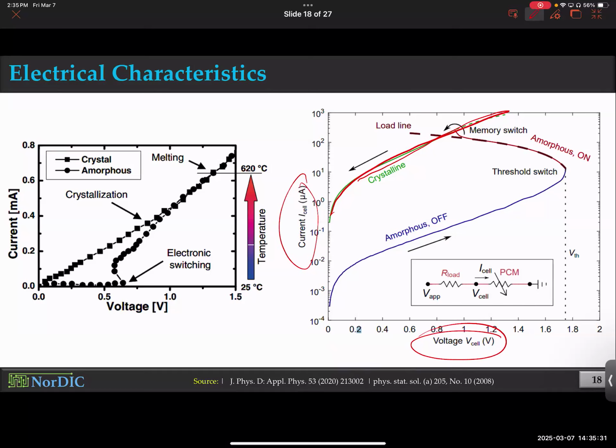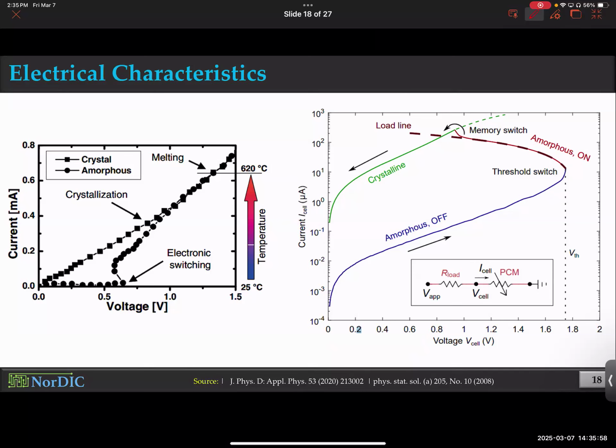But all of these are linked with time. If you don't give it enough time, this point will not even make sense, right? So this is known as a pseudo-DC property. There are some signatures of transient properties here, but we are presenting it like DC characteristics. So that's why it's more complicated and confusing to most people compared to the other memories that we discussed. Okay. Are we all good?